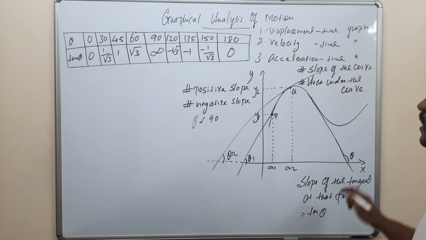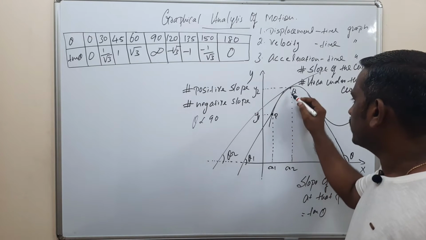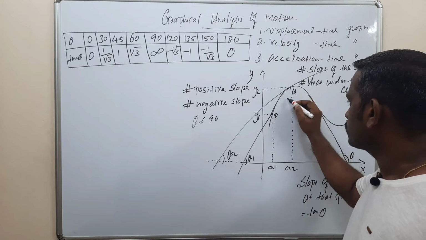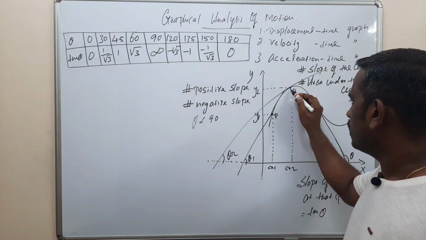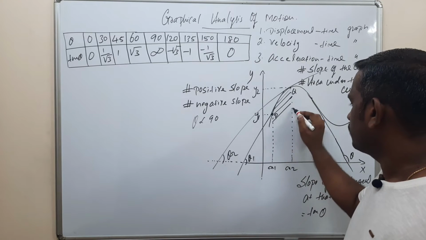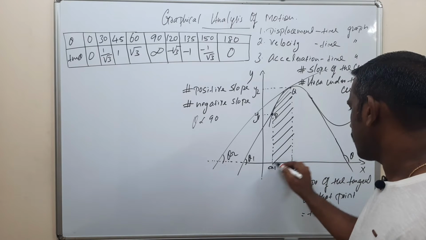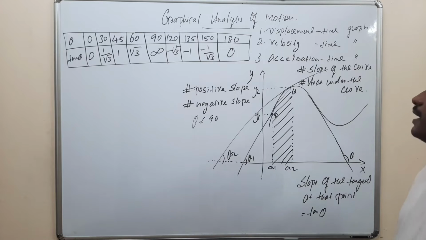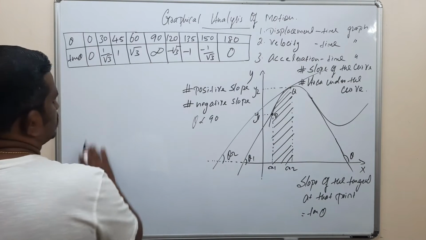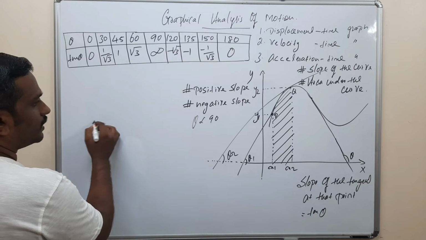Then, area under the curve. Suppose you want to find the area under the curve between the points P and Q. This is the area under the curve.